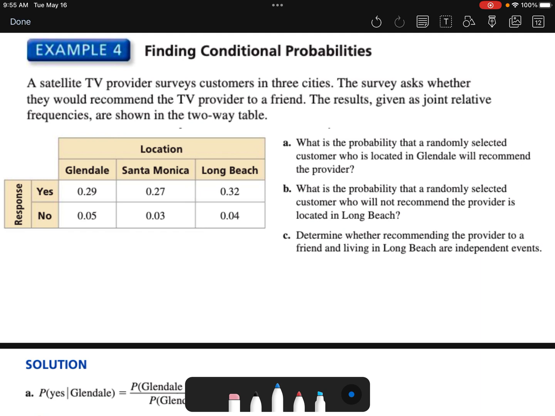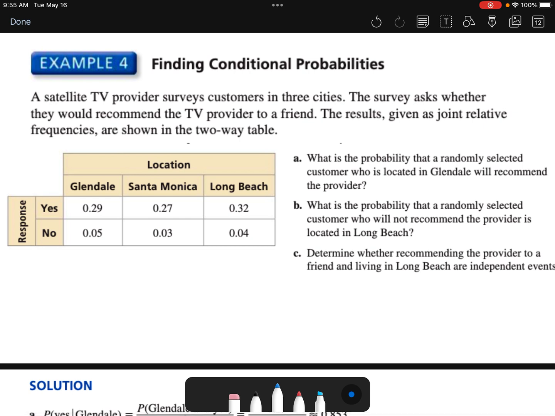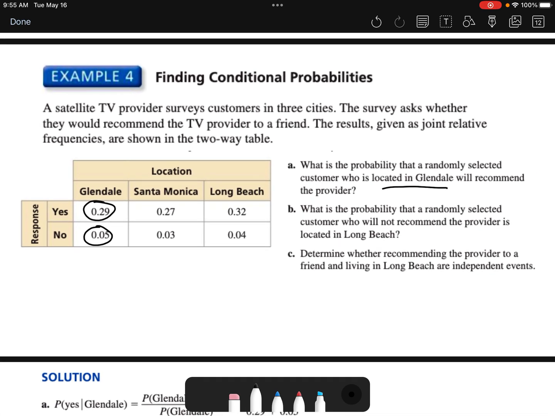We have 3 cities in California: Glendale, Santa Monica, and Long Beach. And we're surveying them about a cable provider, TV provider. So on A, what is the probability that a randomly selected customer who is located in Glendale will recommend the provider? Well, we can see that in Glendale, 29% of them said yes. 5% said no. So if we go to Glendale, what would be the probability that they would recommend it?